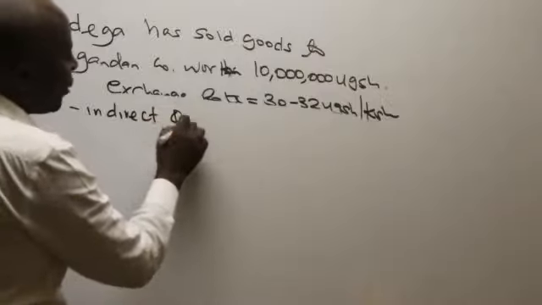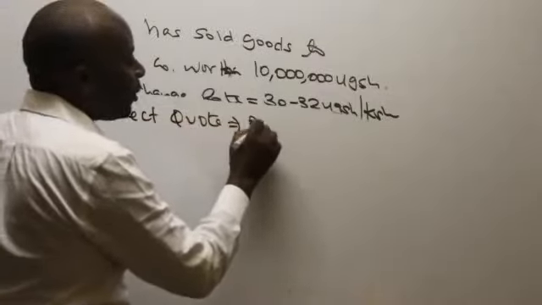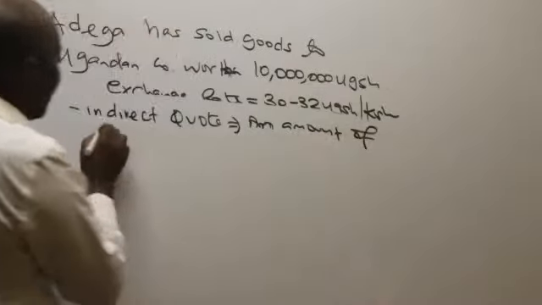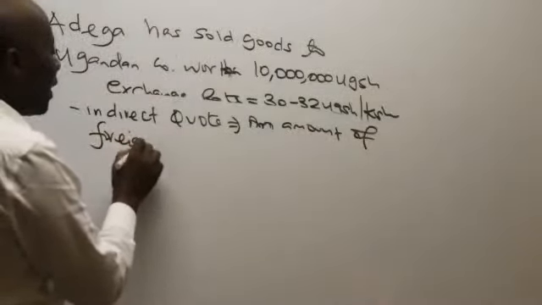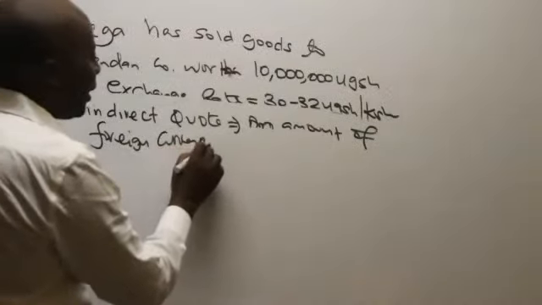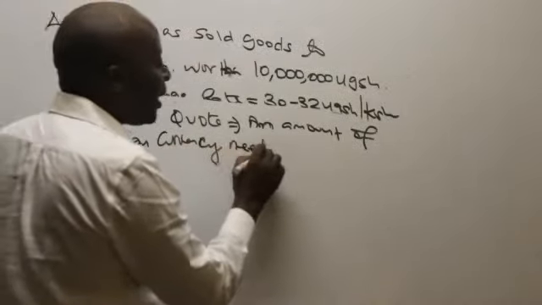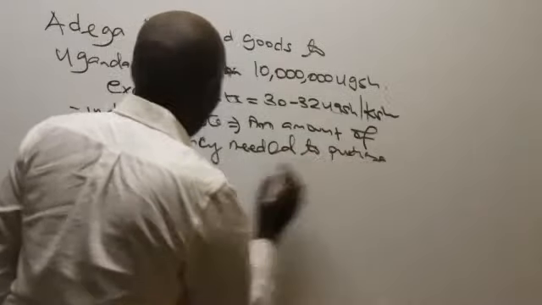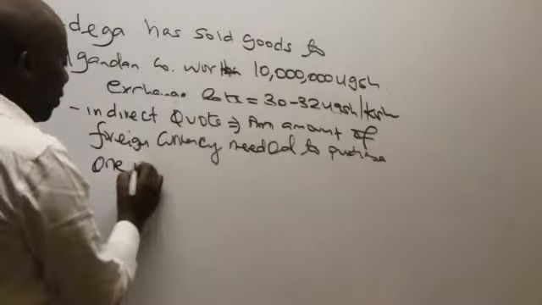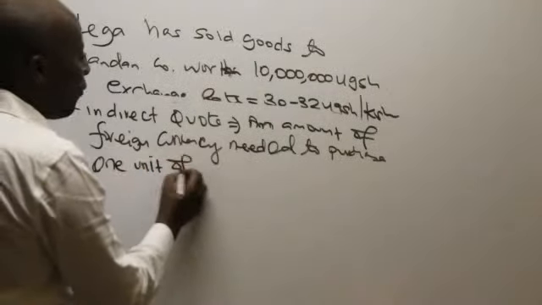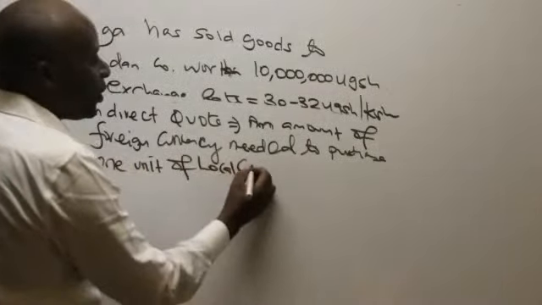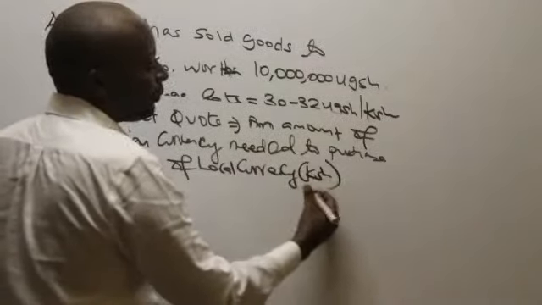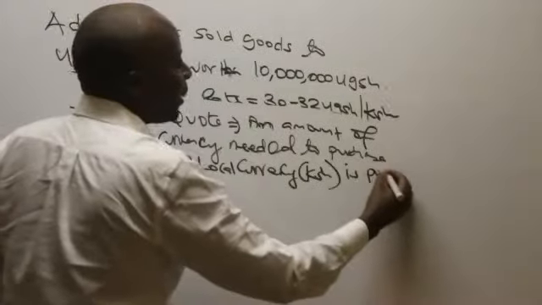So under an indirect quote, an amount of foreign currency needed to purchase 1 unit of local currency is provided. Your local currency, if you are Kenyan, like the Kenya shilling.